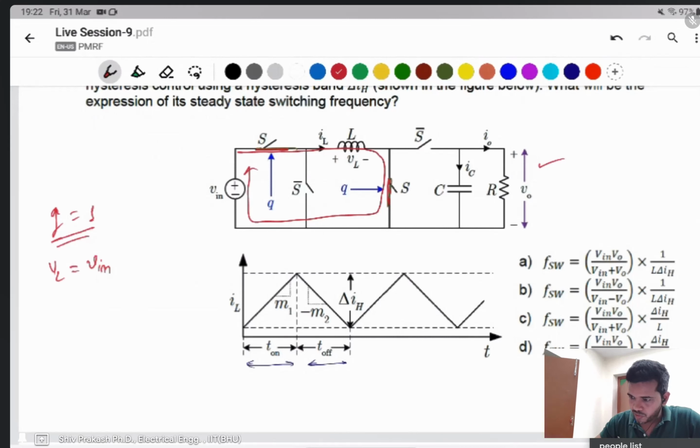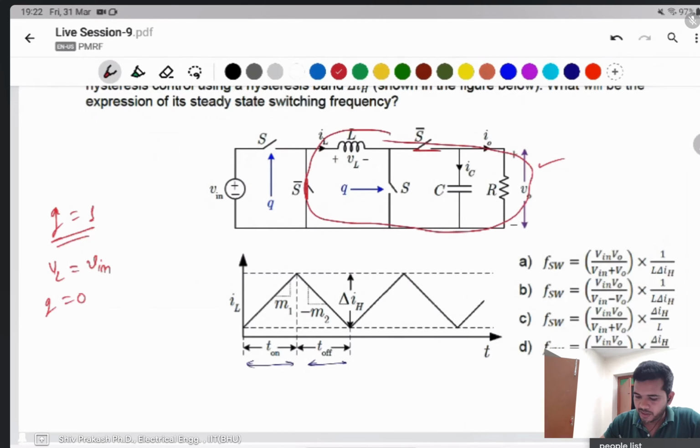We know about the volt-second balance equation, the same applies. When the switch is on, VL is equal to V in, and when the switch is off, it means Q is equal to 0, then this switch will be on, and VL is across the output voltage, with the plus connected to the minus and the negative connected to the positive of the output voltage.